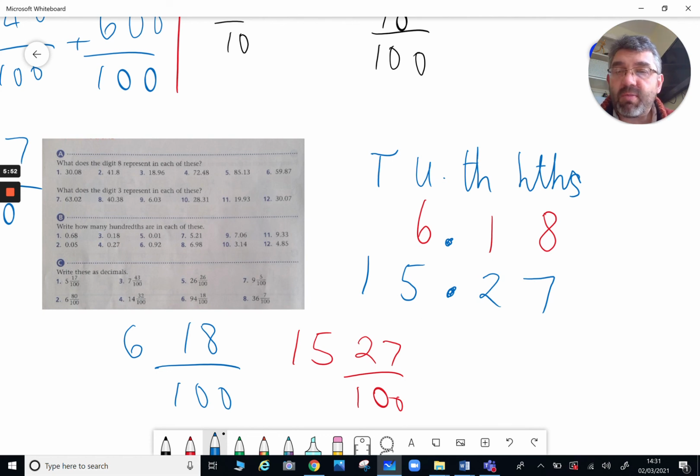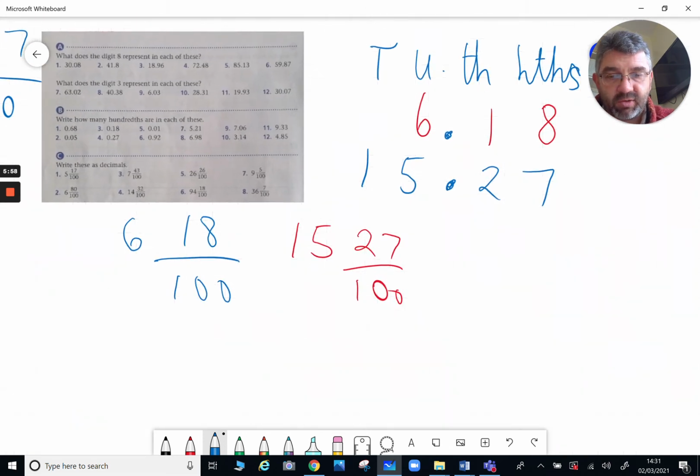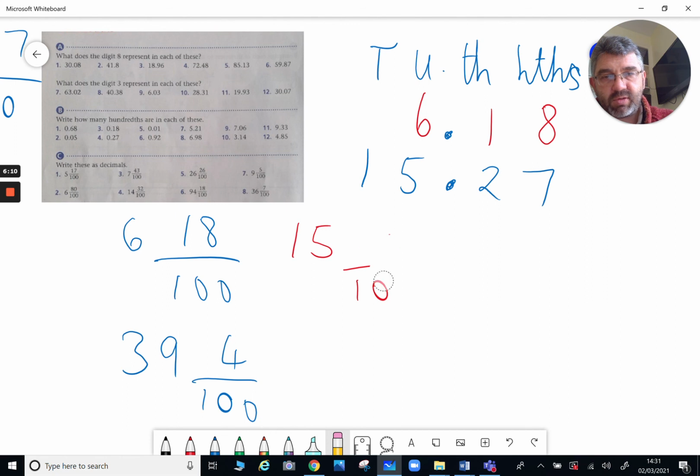Something that might cause you a little bit of difficulty would be something like number 8. Let me make one up: 39 and 4 hundredths. Let's put a decimal point in.